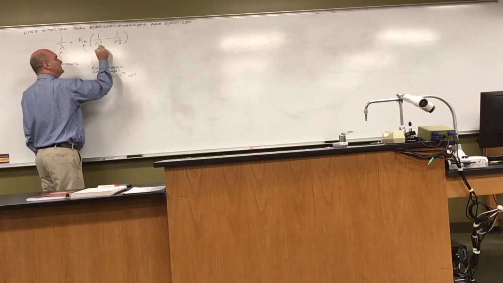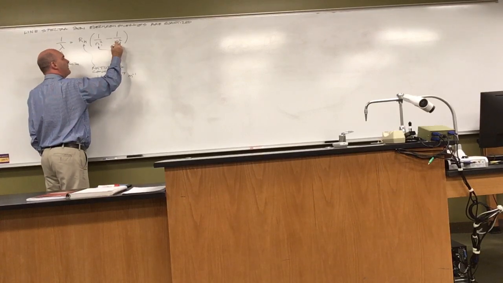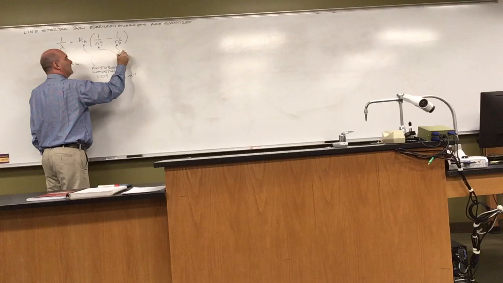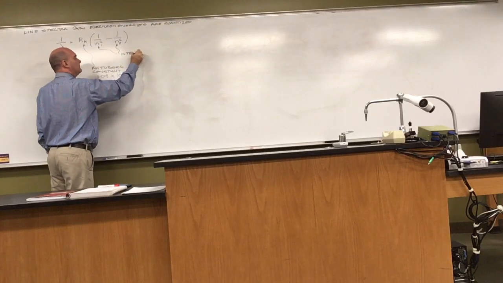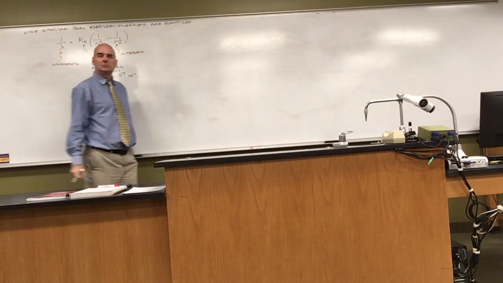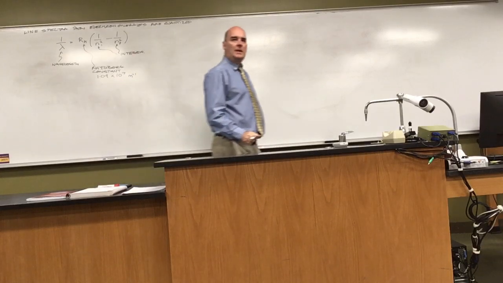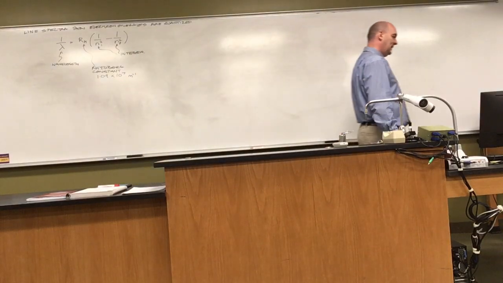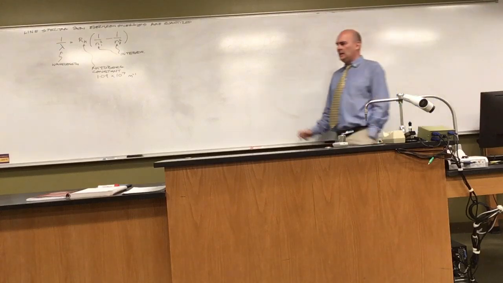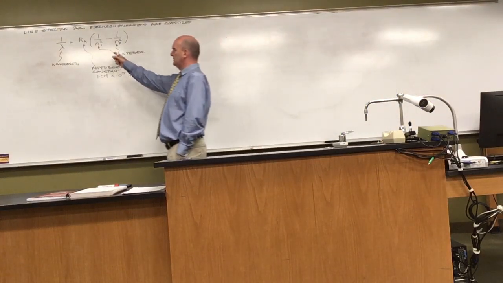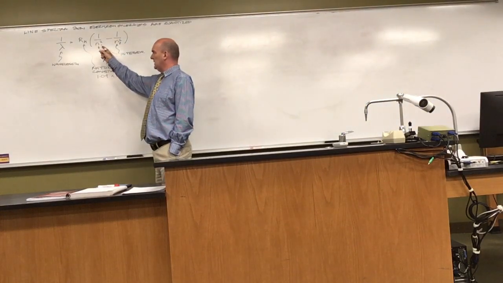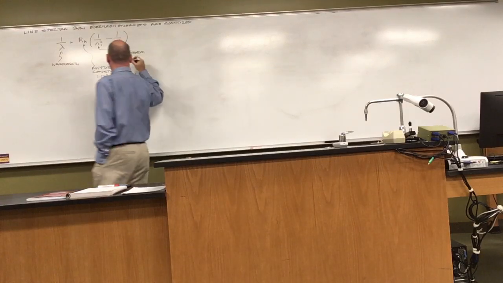And n are just whole numbers. n is just a whole number, it's an integer. And we're going to square those numbers, and this is initial and final.